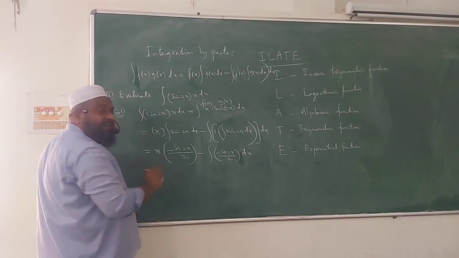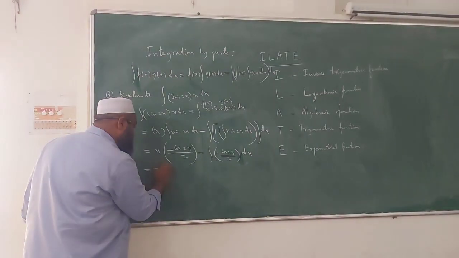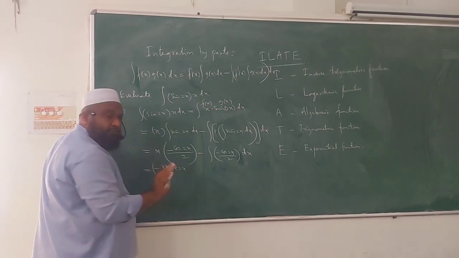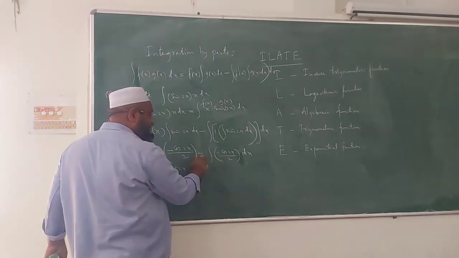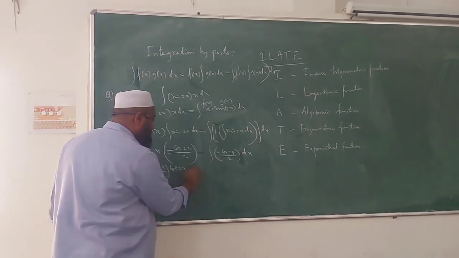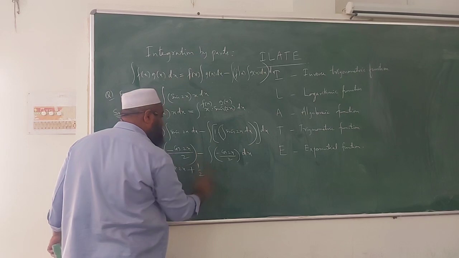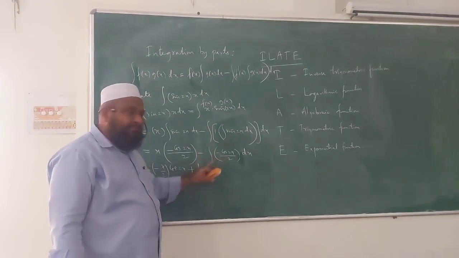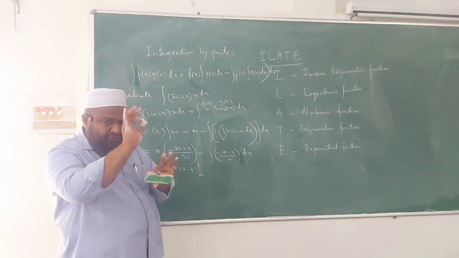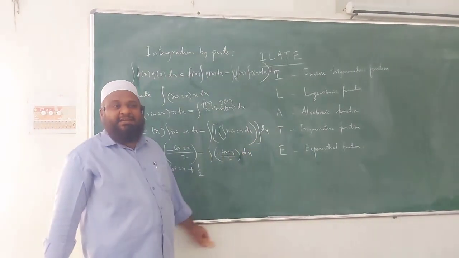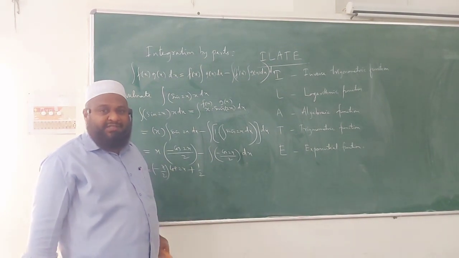So minus I will take it outside. I will just simply write minus x by 2 into cos 2x. This becomes plus and 2 comes out, so it is plus 1 by 2. What is remaining now? Plus 1 by 2, that constant is outside, so integral cos 2x dx. How much will be integral cos 2x dx?